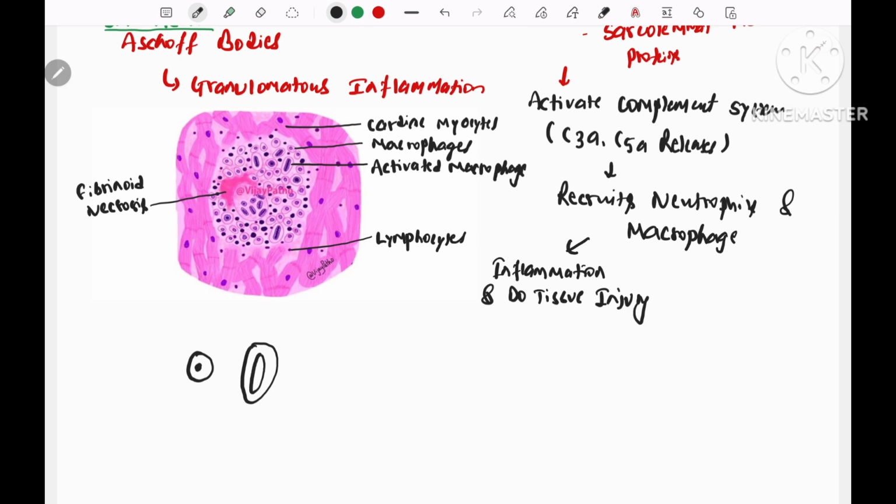If this is taken on a longitudinal section, then we see a caterpillar-like structure.